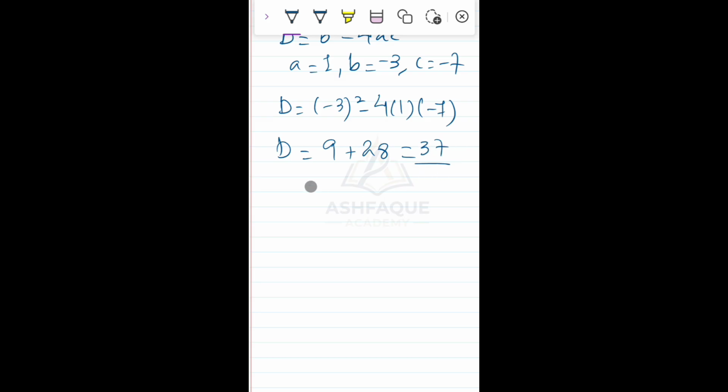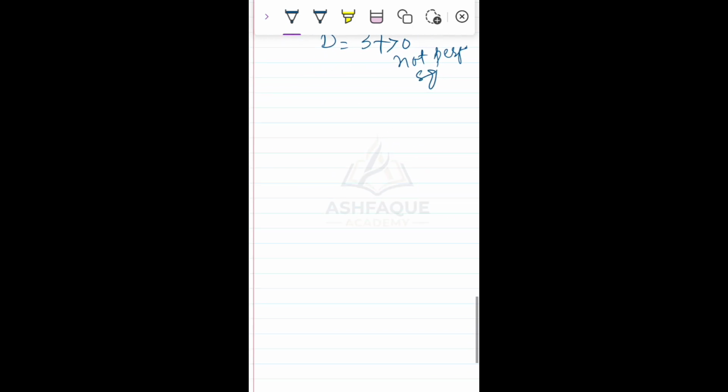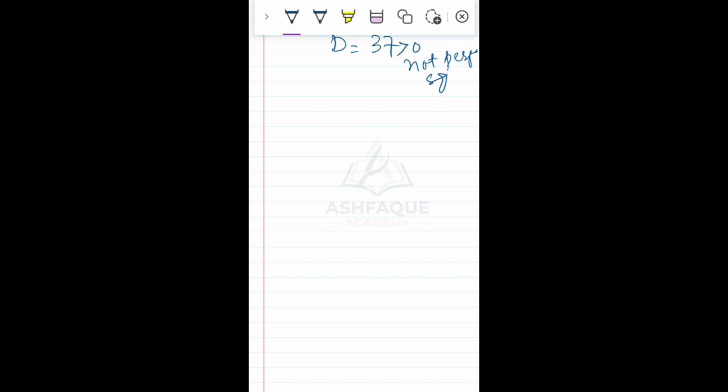So it is not a perfect square. So what we will do, we will use the quadratic formula. So it will be x is equal to minus b plus minus under root b square minus 4ac upon 2a.